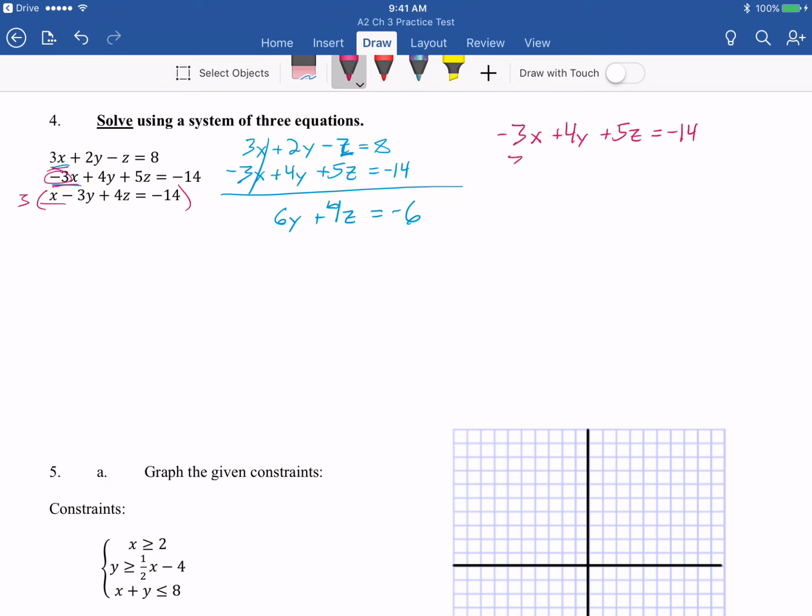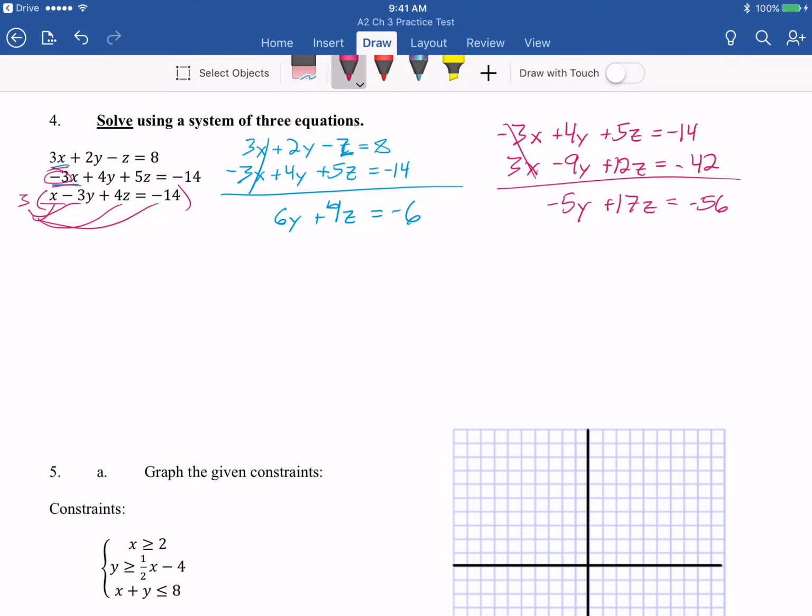This equation is going to be 3x minus 9y, because I distribute this onto everything here, plus 12z is equal to negative 42. Add these guys straight down, so now I get negative 5y plus 17z is equal to negative 56.